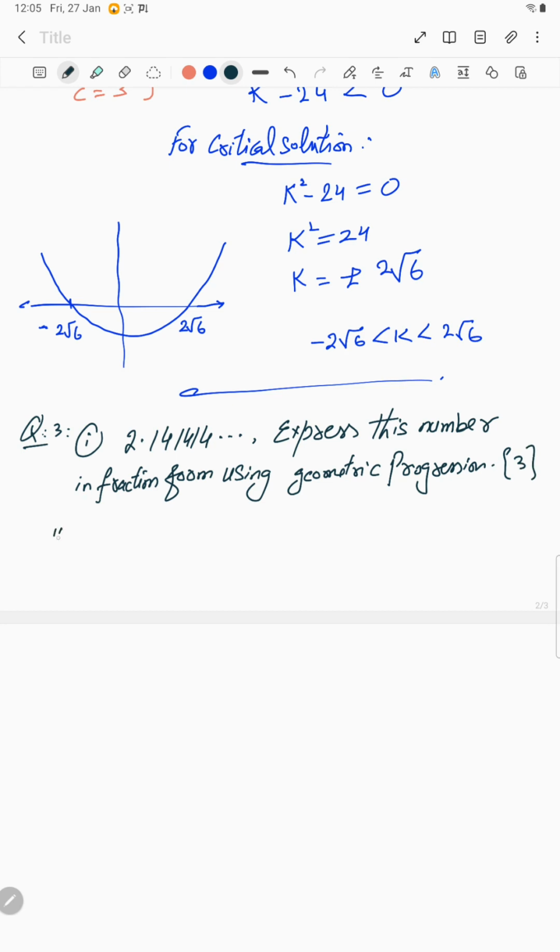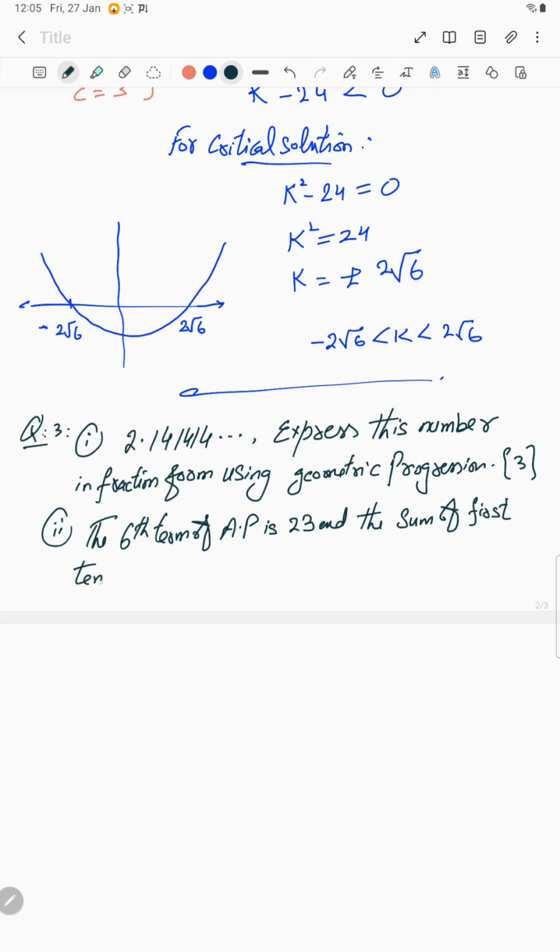This is the first case, and the second case was: the sixth term of an AP is 23 and the sum of the first 10 terms is 200.